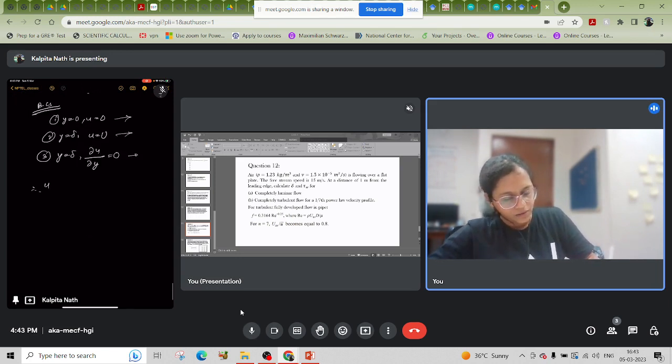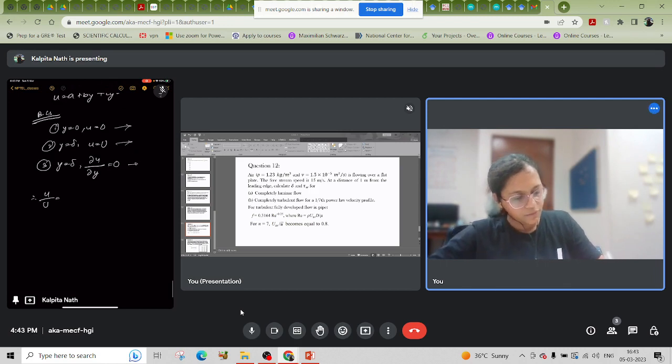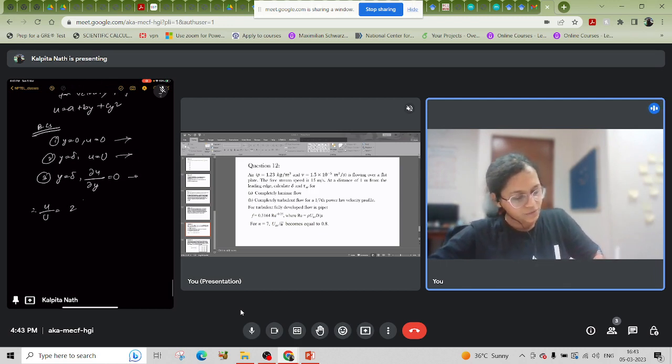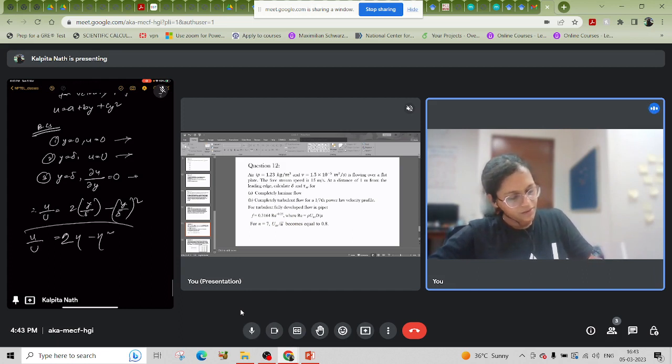Therefore, if you put in these boundary conditions, we get u by U equal to 2 y by delta minus y by delta square, that is 2 eta minus eta square for laminar flow.